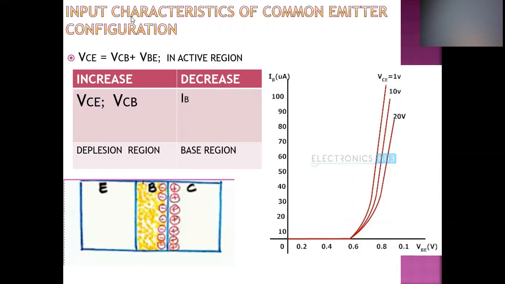Now, this is the input characteristics of common emitter configuration. This is the base to emitter voltage versus the base current. We can see that as we increase the collector to emitter voltage, VCE, the base current decreases.